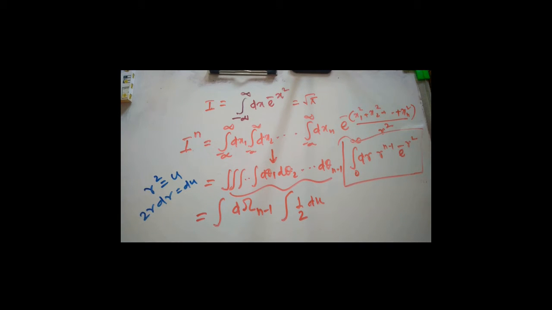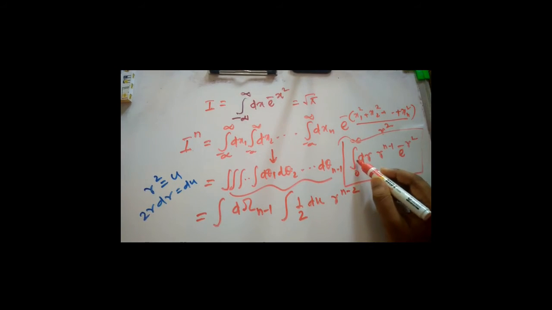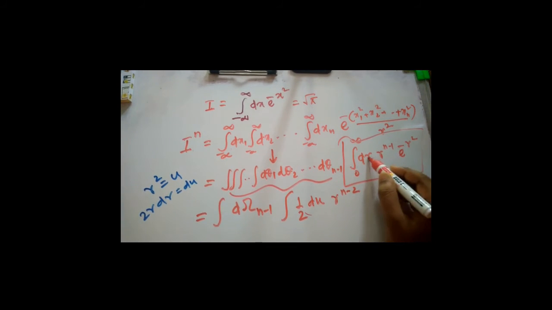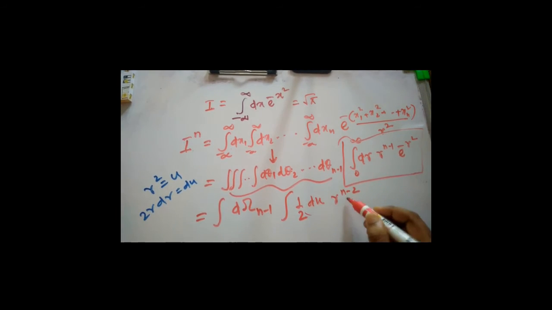So r is actually r n minus 2, because twice r dr equals du. So twice r dr equals du, and you take one from there, so it will be r n minus 2 e to the power minus r square, right?